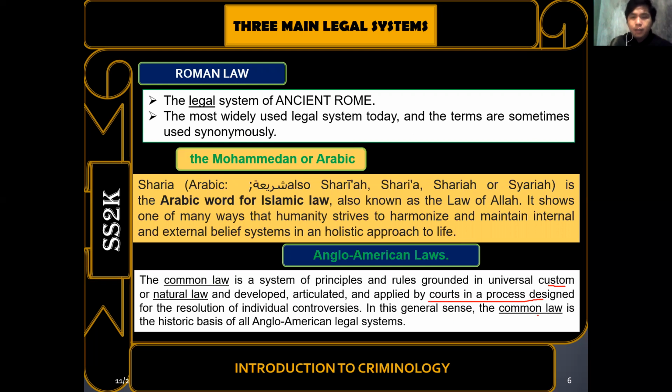In a general sense, the common law is a historic basis, because it has been passed down from generation to generation. It has been found to be good for resolving conflicts. That is where the imposition of punishment on criminal offenders is based.